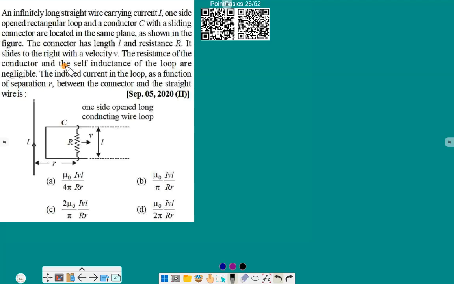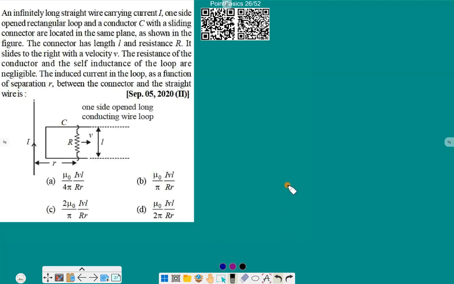Resistance of the conductor and the self-inductance of the loop are negligible. The induced current in the loop as a function of separation r between the connector and the straight wire is. So we have to find out the induced current in this closed circuit as a function of this distance small r.